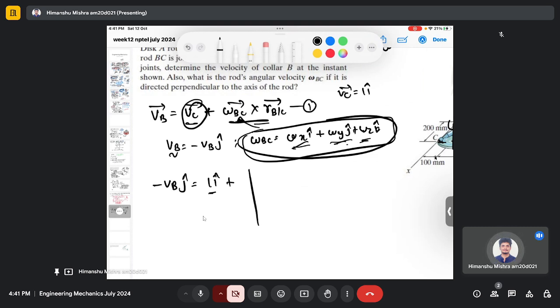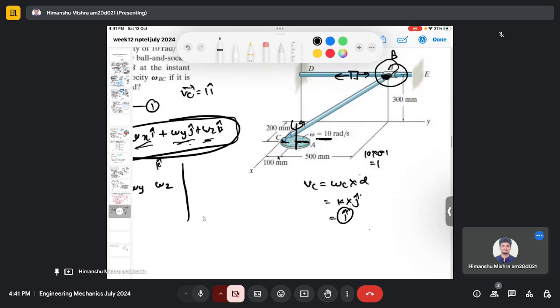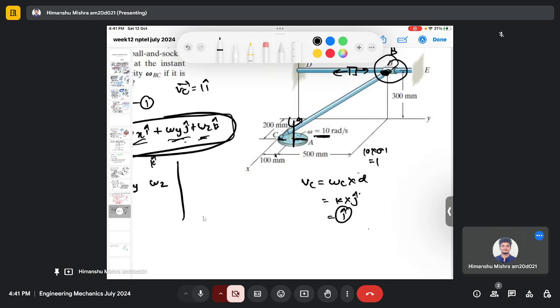So if I write in the matrix form, here I have omega x, omega y, omega z, and the position vector is given here.